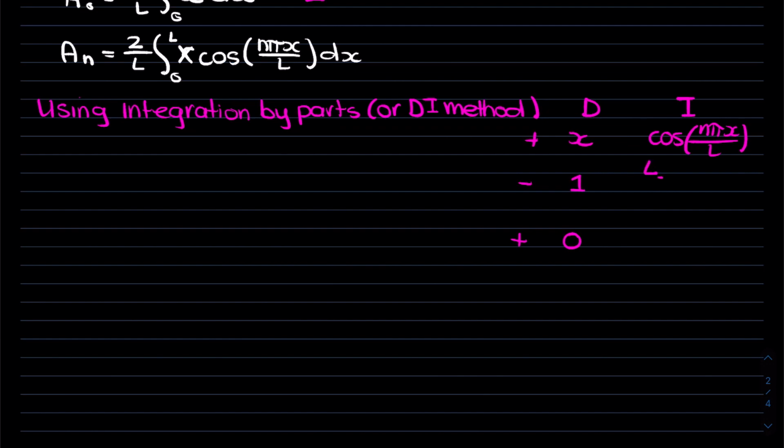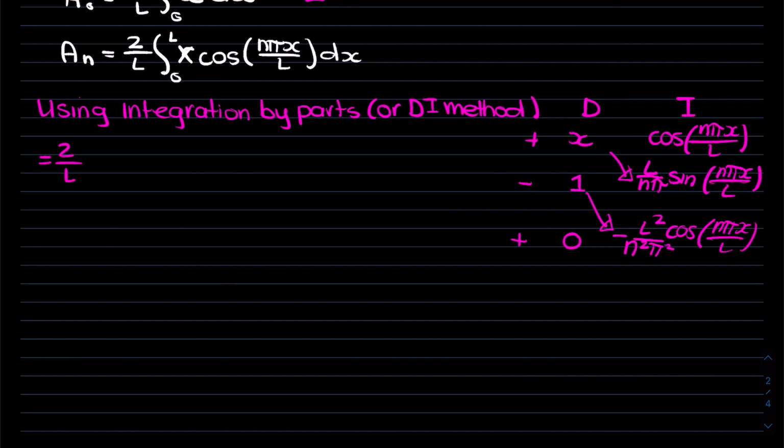That will be L over n pi sine n pi x over L. This will be minus L squared over n squared pi squared cosine n pi x over L. And put them together. We're going to end up with something that looks like this. Don't forget the constant out the front here.